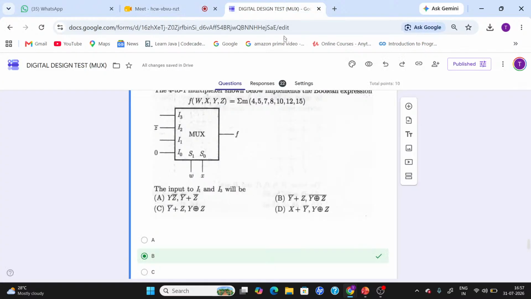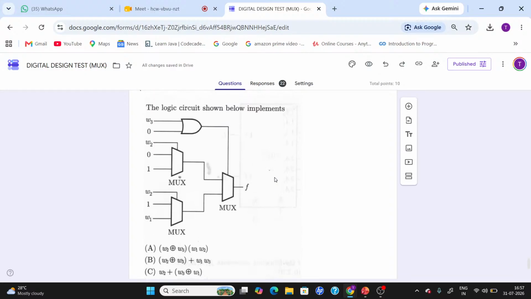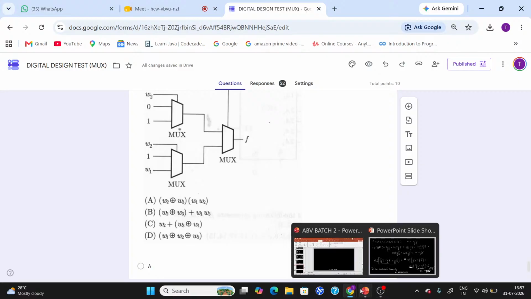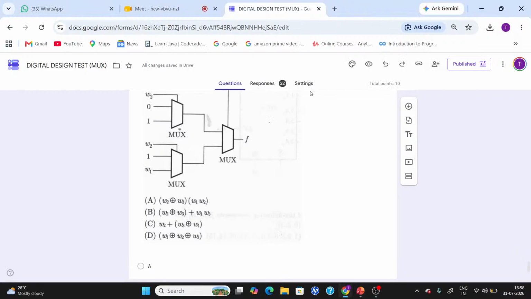And in this question, they haven't mentioned anything. Are we missing anything? W3 is my select line. I'm getting a different answer, I'm not getting any XOR term. One second, let me check it out. W3 complement into F1, where F1 is W2.